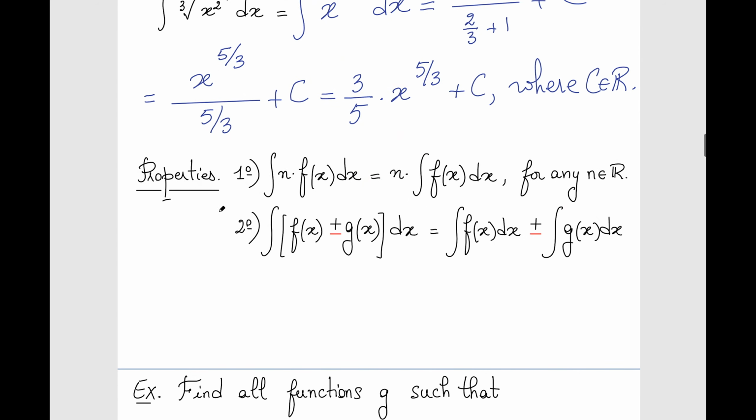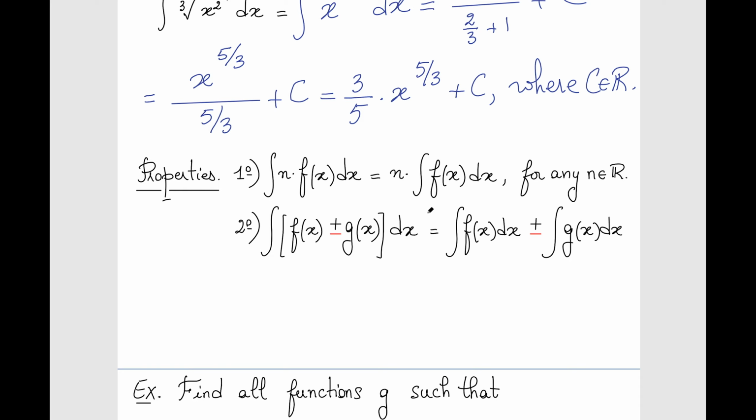Next, properties that also have to do with formulas or rules for differentiation. Remember, if you differentiate a constant times a function, you can push out this constant. So the operator d over dx is linear, in the sense that you can push out constants and it commutes with addition.